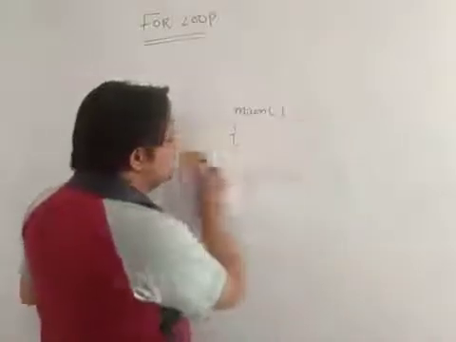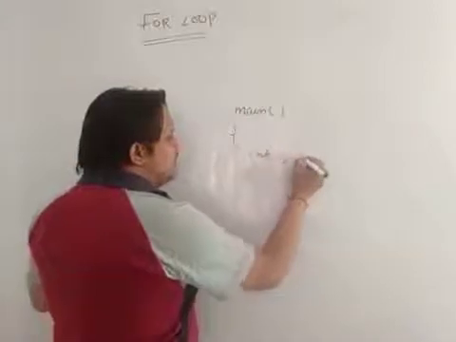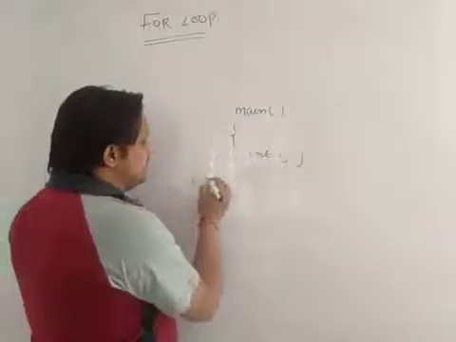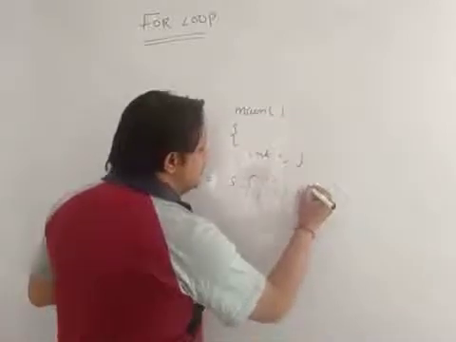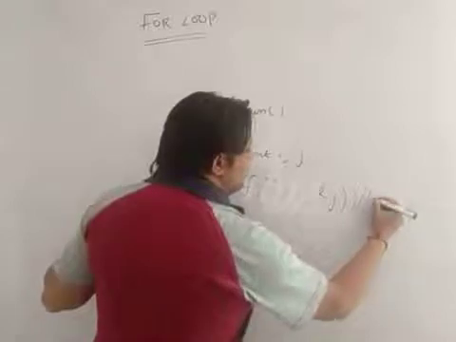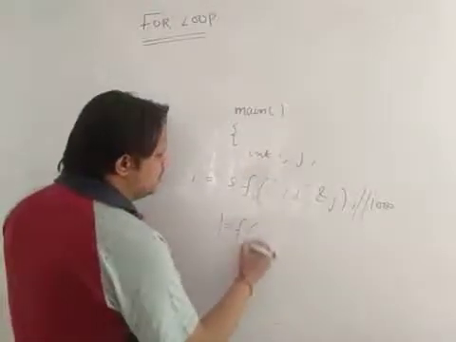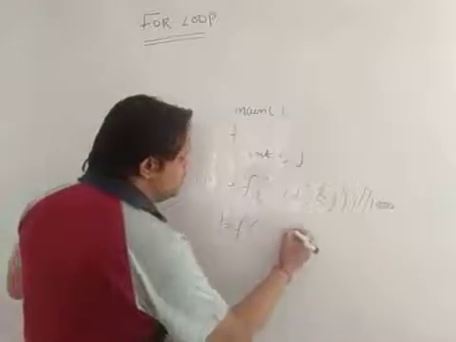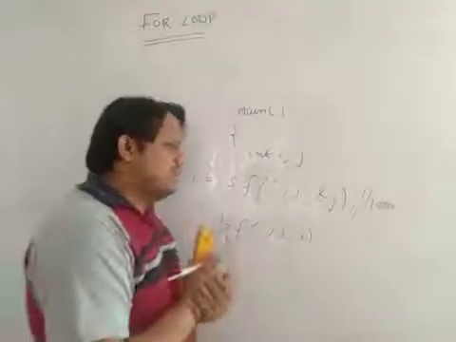Similarly, suppose I write int I comma j, and I is equal to scanf %d comma address of j. Suppose the input taken is 1000 for j, and you are printing %d comma I, the value of I. So tell me, what is the value of I?